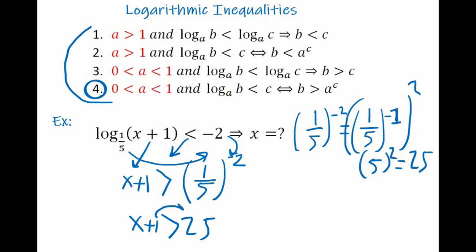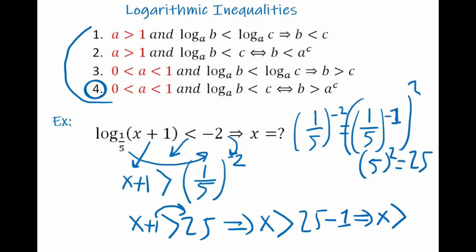Just send this one to the right. So it's going to be x is greater than 25 minus 1. If this is the case, x is greater than 24, guys. And which value of x makes this number 0? So which is negative 1, guys.